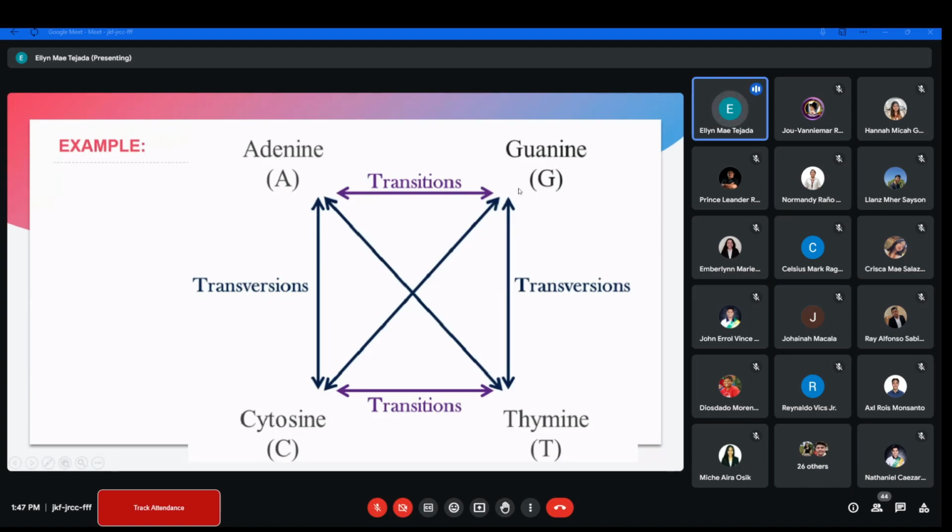However, if your guanine is replaced by a pyrimidine, such as cytosine, this is already a transversion. So transversion and transition mutations are results. If there are replacements, it is because of a result of misread DNA.